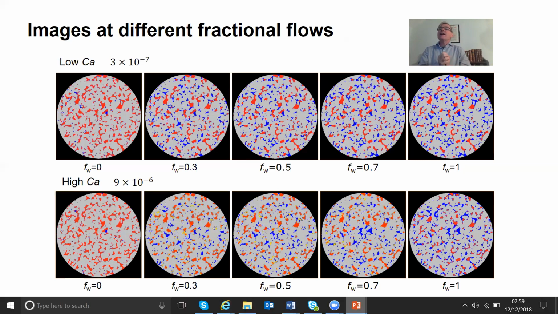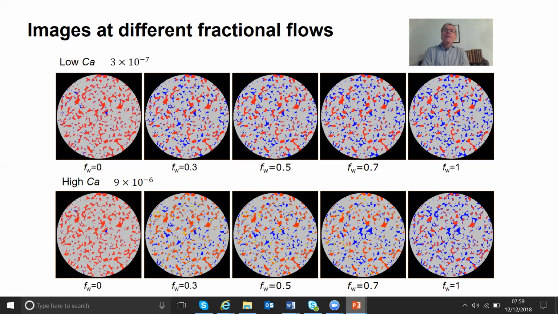So what we tend to find here is the water is in the small pores, the nooks and crannies of the pore space. The oil is in the larger pores. And the sample that we're looking at is a simple water-wet sandstone. So the grey are the grains, blue is water, oil is shown in red.